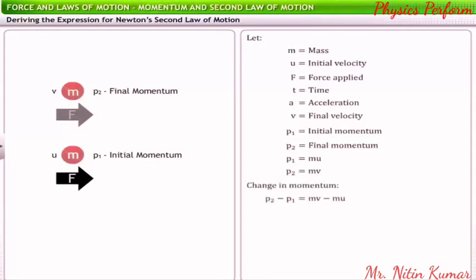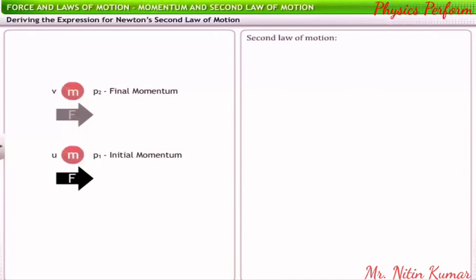Hence, the change in momentum is p2 minus p1 is equal to mv minus mu, or m multiplied by v minus u. The rate of change of momentum is the ratio of change in momentum to time. That is, m multiplied by v minus u divided by t. According to Newton's second law of motion, the rate of change of momentum is proportional to the force applied.